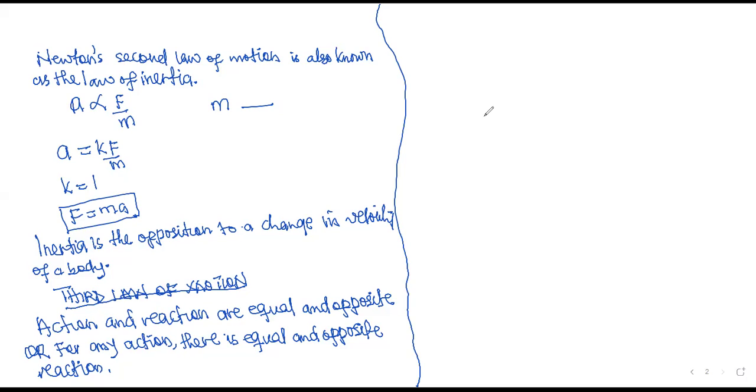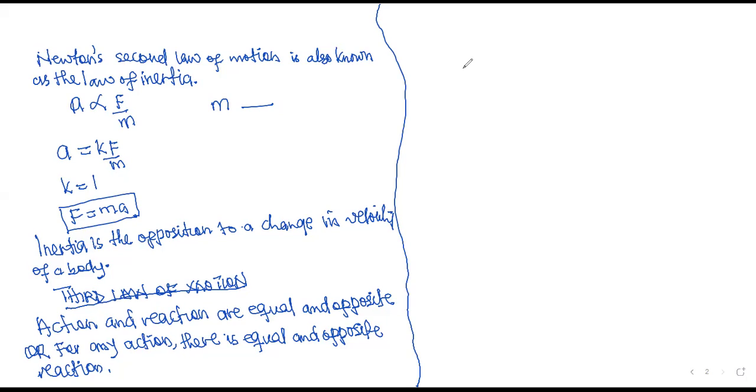So the two forces will cancel each other out, and the net effect is that it will be zero. So the net force acting on the body will be zero, and that is when you can comfortably sit on the chair. Without the reactional force, you will just break and fall.